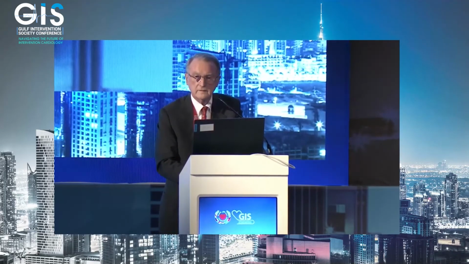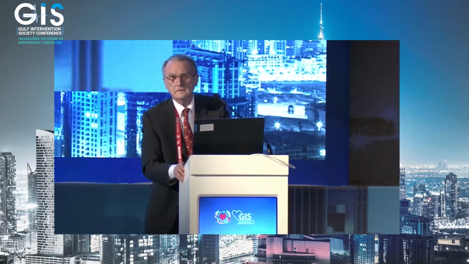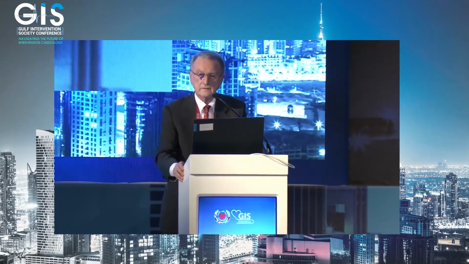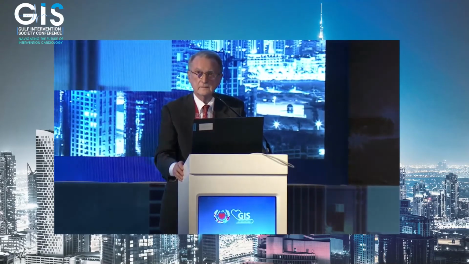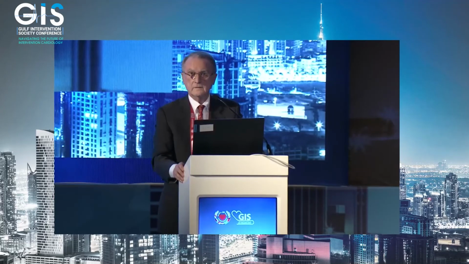I've been involved in drug-eluting balloons for a few years, and I'm not counting how many I've done, but I have cases with 5 to 6 drug-eluting balloons in multi-vessel patients.